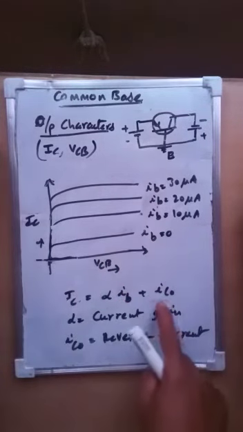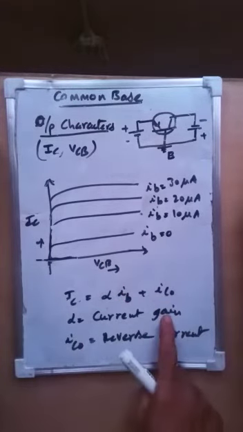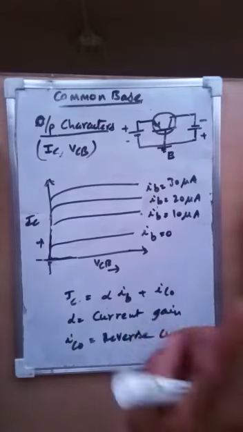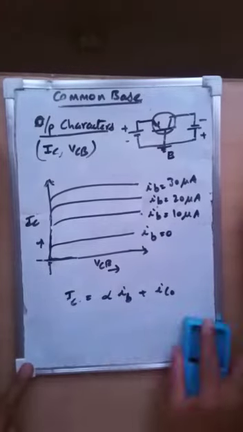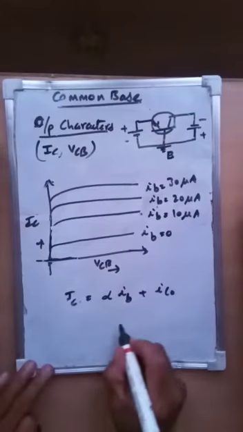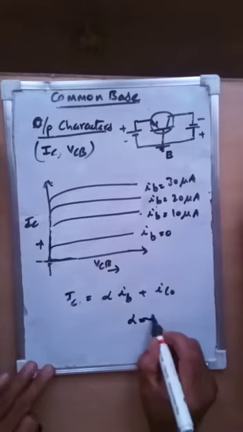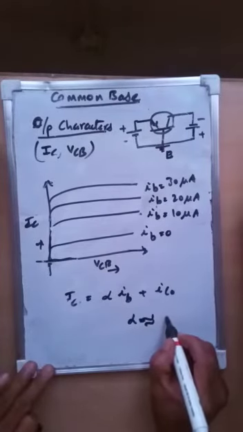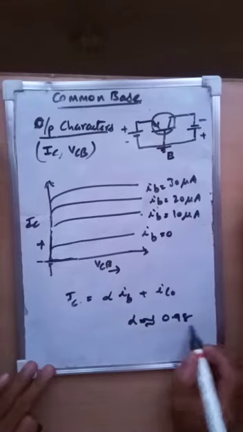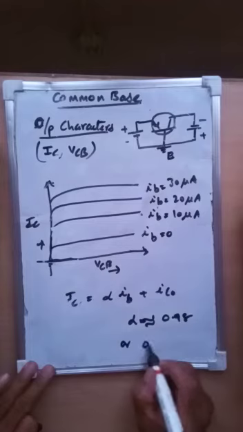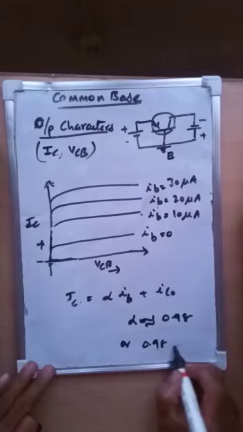IC is equal to alpha times IE plus ICO. This is called the reverse saturation current, where alpha is the current gain, and ICO is the reverse saturation current. Another important point is that the alpha value is approximately 0.99, with a variation in the region of 0.98 to 1.